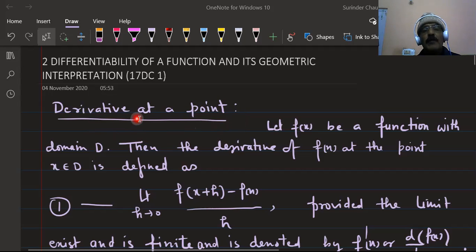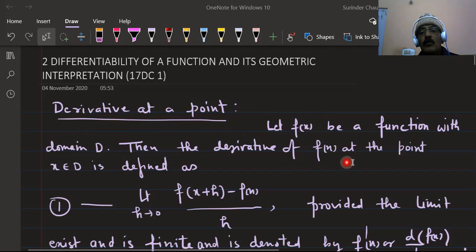So derivative of a function at a point: let f(x) be a function with domain D. We are discussing f(x) as a real valued function, and we are discussing the differentiability of the function at any point of its domain.